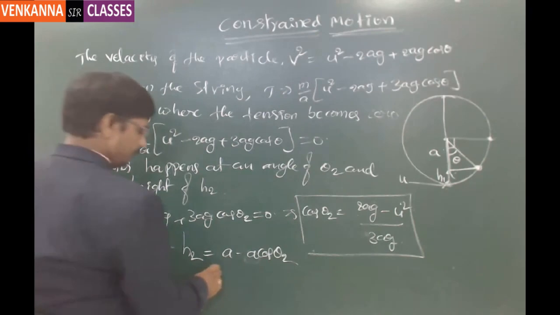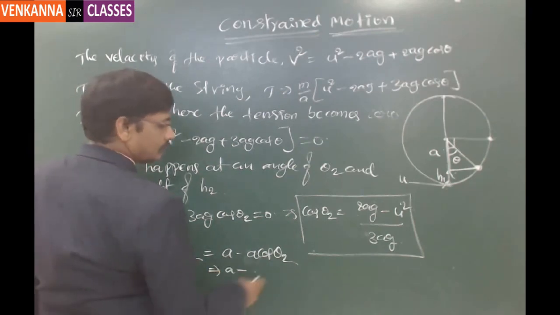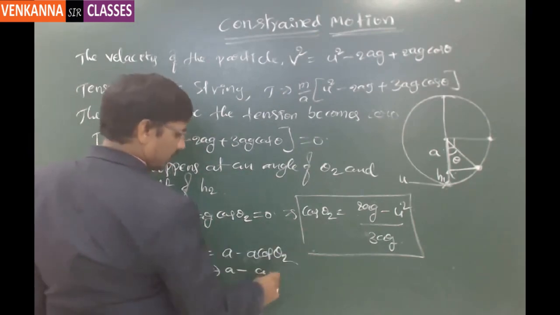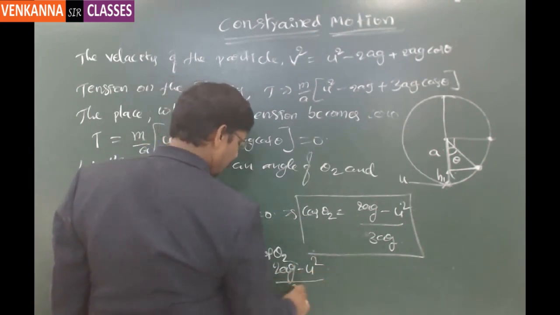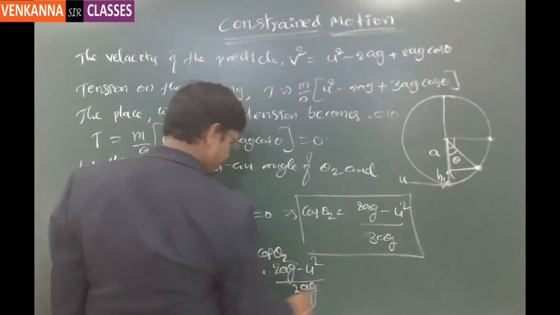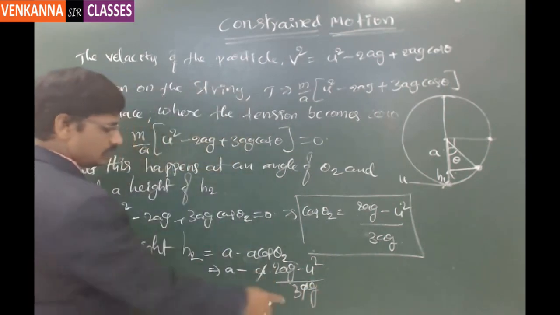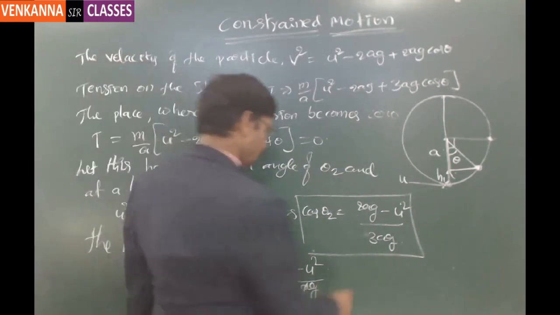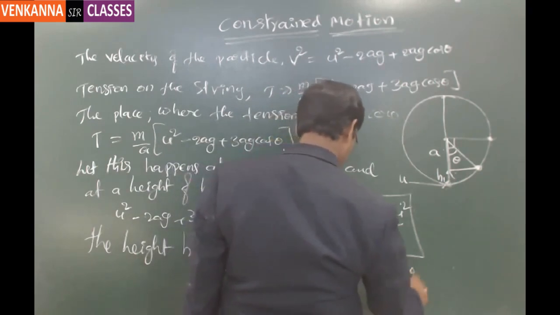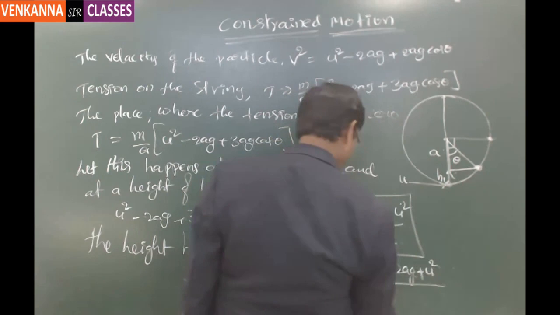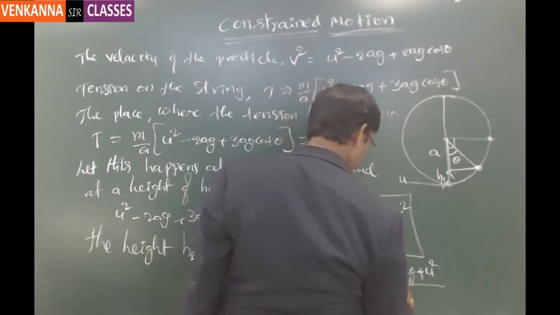Now this is going to be a minus a times cos theta, which is (2ag minus u square) divided by 3ag. So this a will cancel out, and then 3ag minus 2ag plus u square divided by 3g.